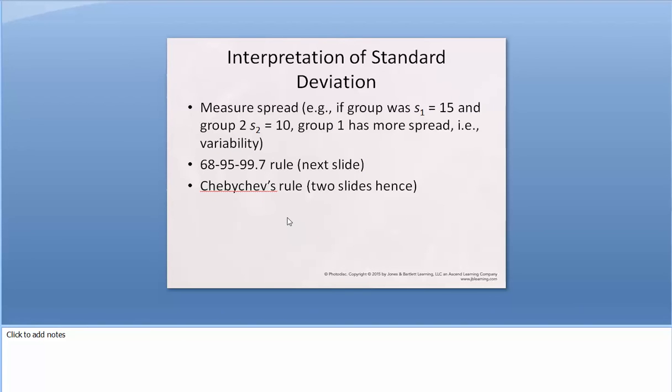Now, the interpretation of standard deviation. There are certain rules. This is the 68, 95, 99.7 rule, which is actually called the empirical rule.